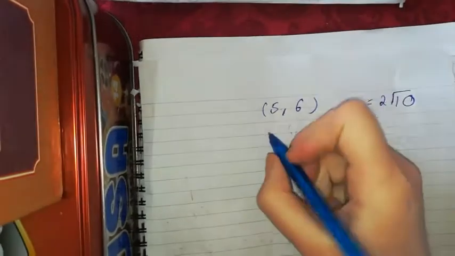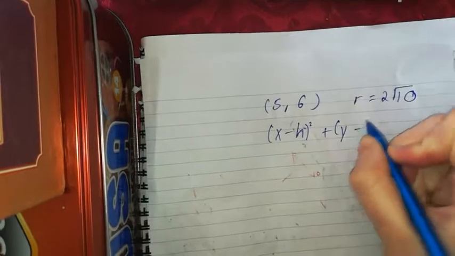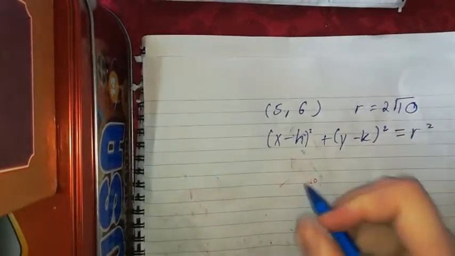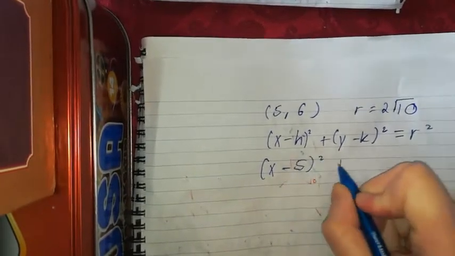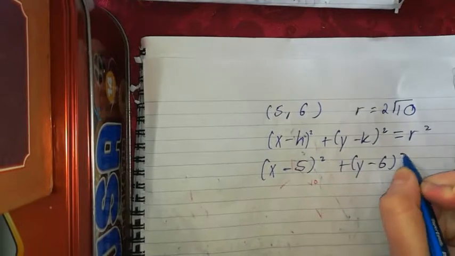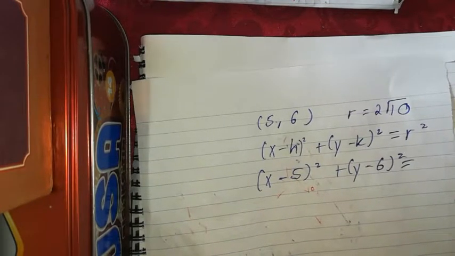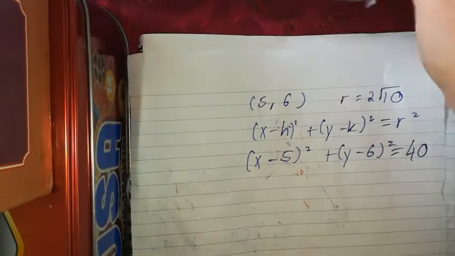So if we want to sub that into (x minus h) squared plus (y minus k) squared equals r squared, then (x minus 5) squared plus (y minus 6) squared equals r squared, and if we square 2 root 10, we get an answer of 40. So that's the equation of our small circle C.